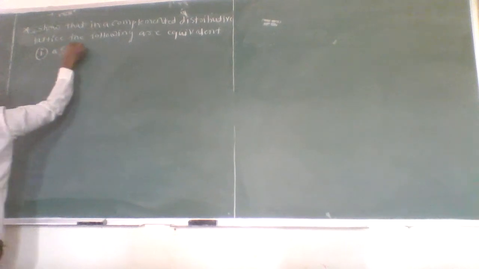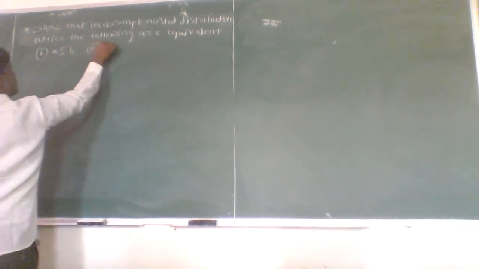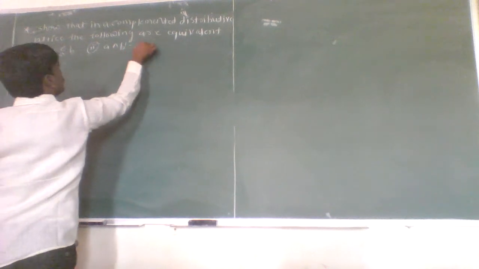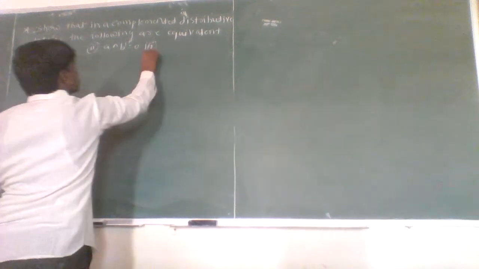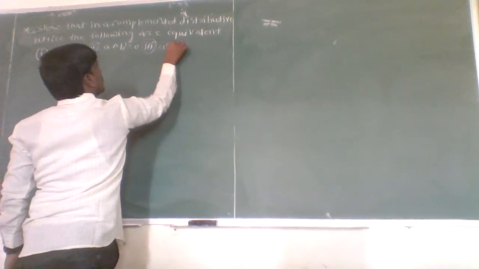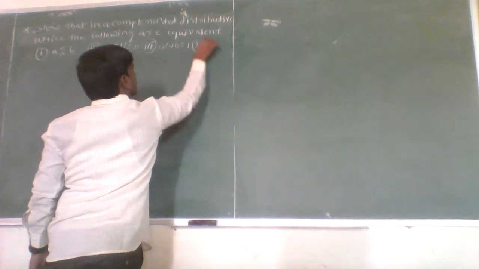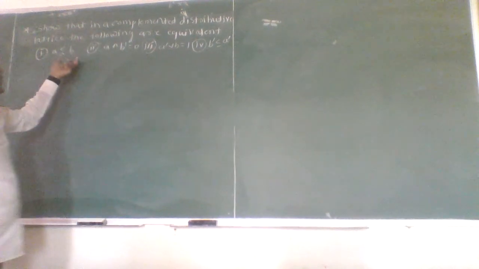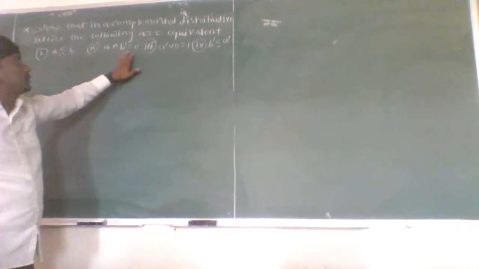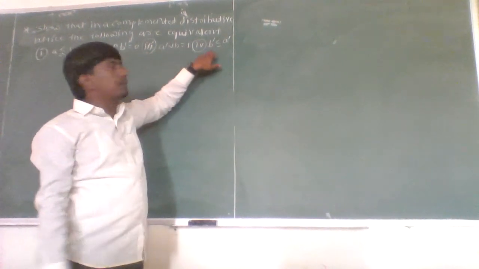First one, A precedes B. Second one, A meet B dash is equal to 0. Third one, A dash join B is equal to 1, and fourth one, B dash precedes A dash. Now, if the given lattice L is a complementary distributive lattice, then we have to prove that these four statements are equivalent. That is, A precedes B, A meet B dash will be equal to 0, A dash join B will be equal to 1, and B dash precedes A dash.